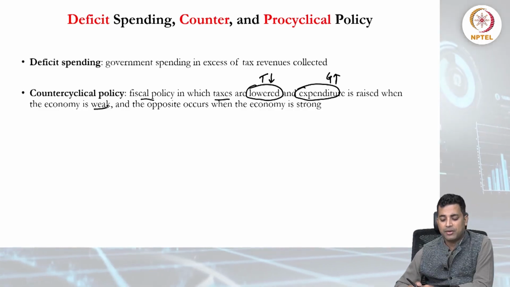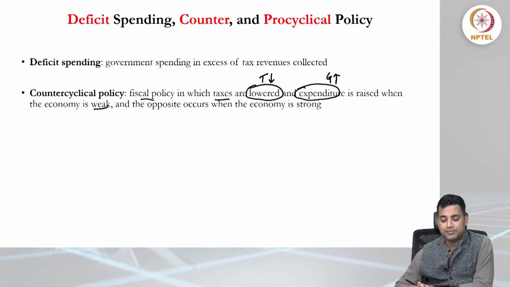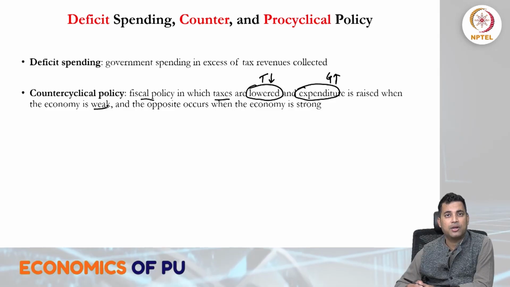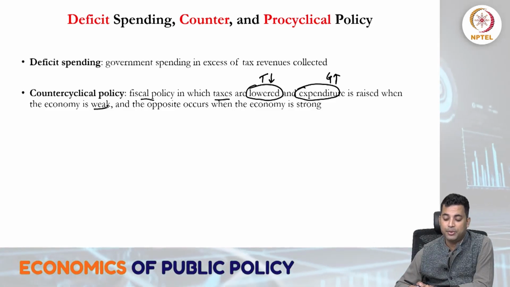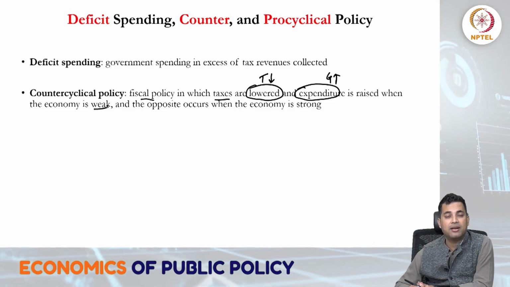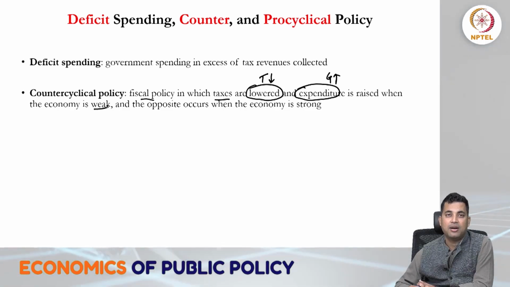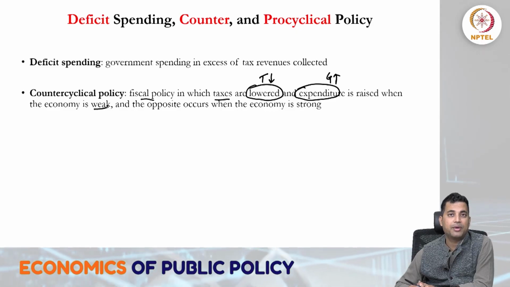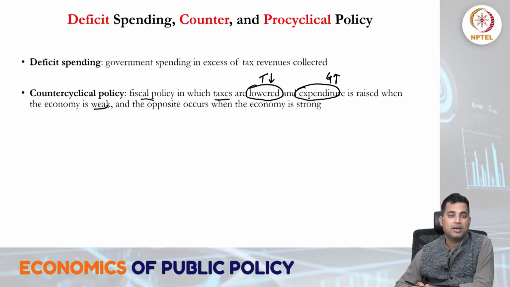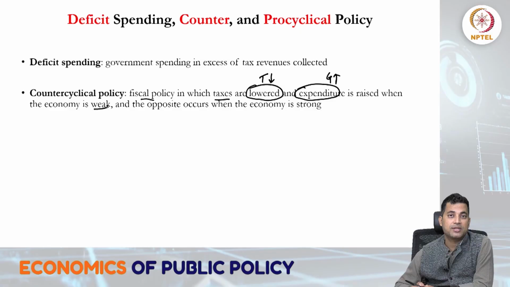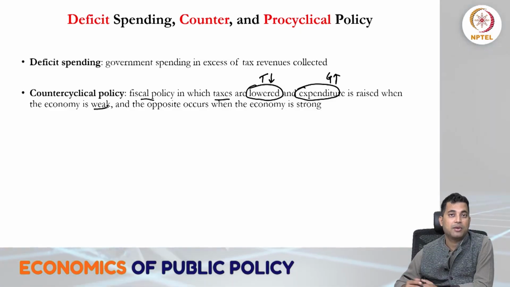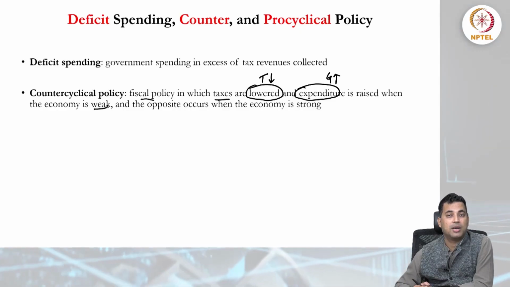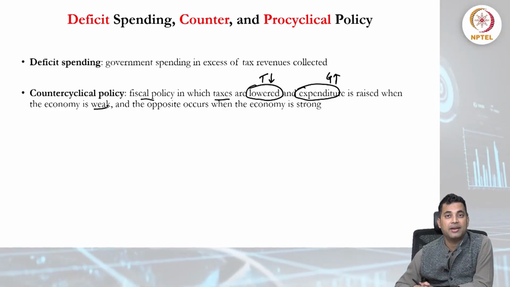There, tax was lowered so that the economy could be boosted, and government expenditure was very high in order to increase the total aggregate demand, for example more investment on road infrastructure, or government expenditure on MGNREGA, the Mahatma Gandhi National Rural Employment Guarantee Act.